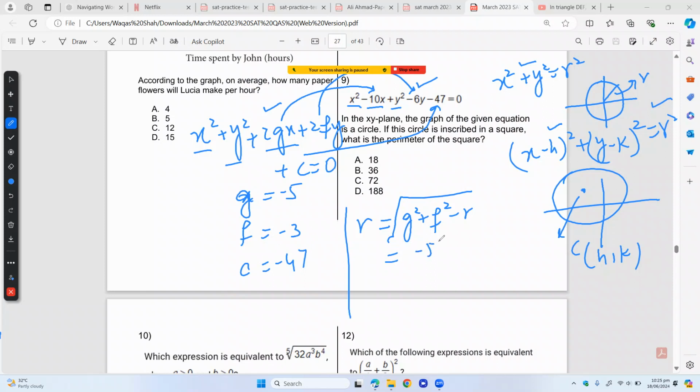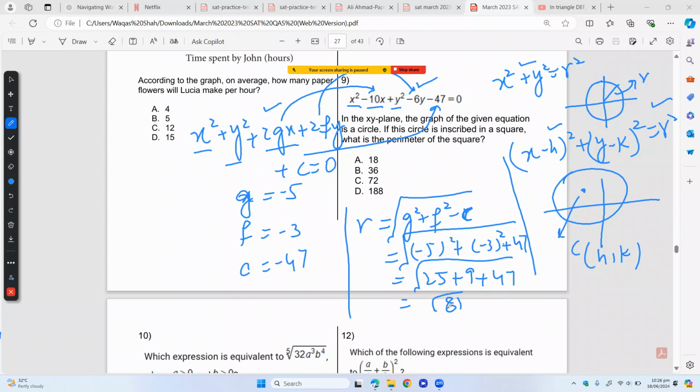So it will be (minus 5) squared plus (minus 3) squared, and then we have minus c, this is minus of minus 47. So both minus will cancel each other, so it will be plus 47 under the square root. So it will be the square root of 25 plus 9 plus 47. If we add them, you will get 81, and the square root of that is 9. So r is equal to 9.